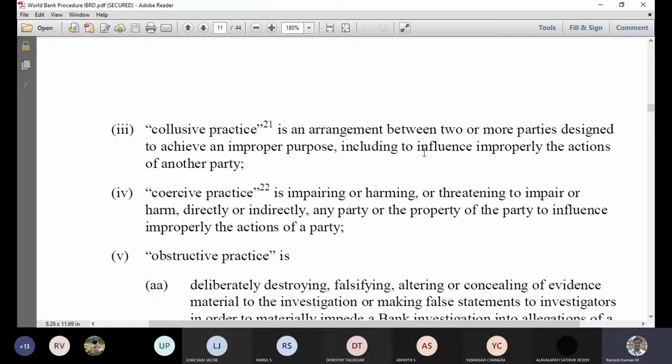And then coercive practice is threatening other companies to withdraw, or even if they get the contract, making them halt their work or something. That's called coercive practice.